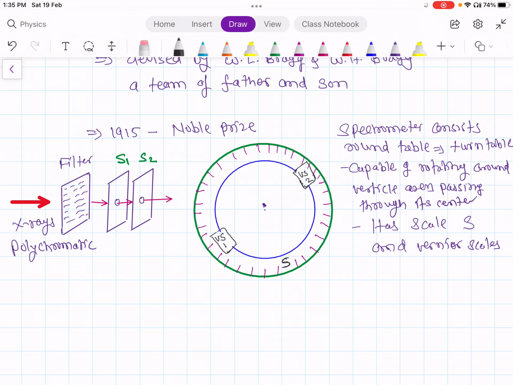Whose vernier scale reading do we have to take? Because at the center over here, the crystal C is mounted.